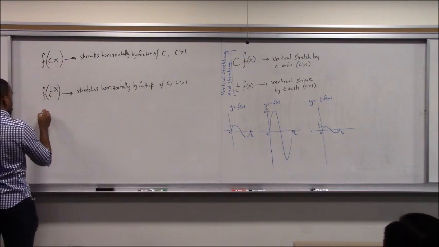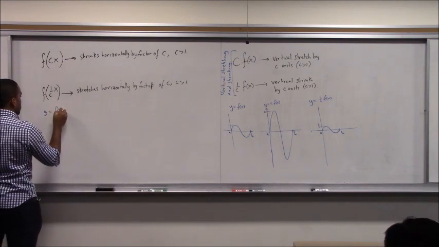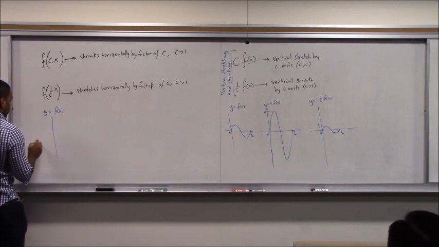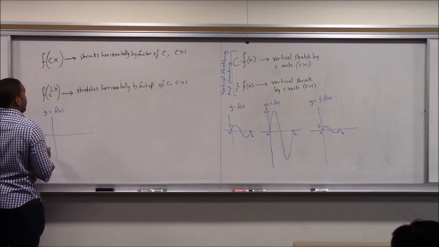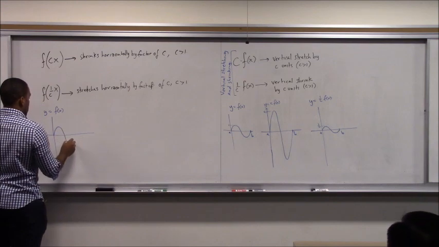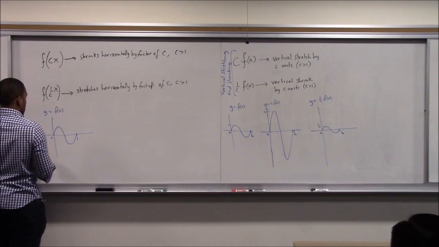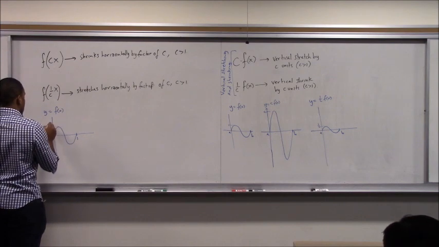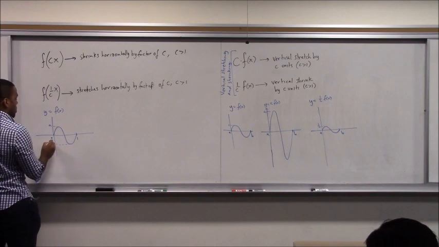So then let's say I had my y equals f of x, looking like that again. Let's make this 1 now, with a and b.